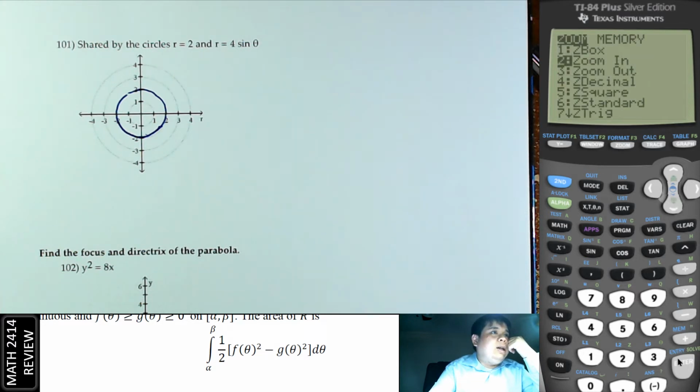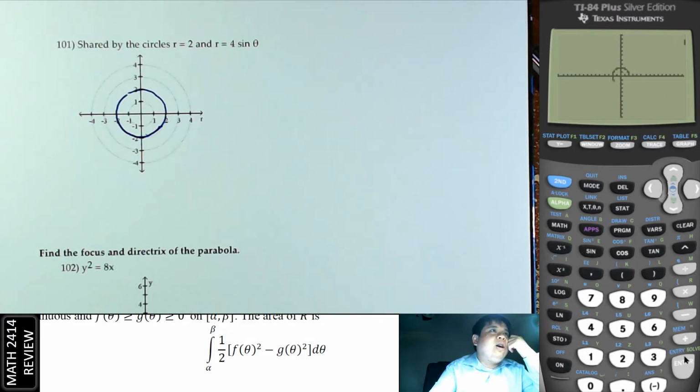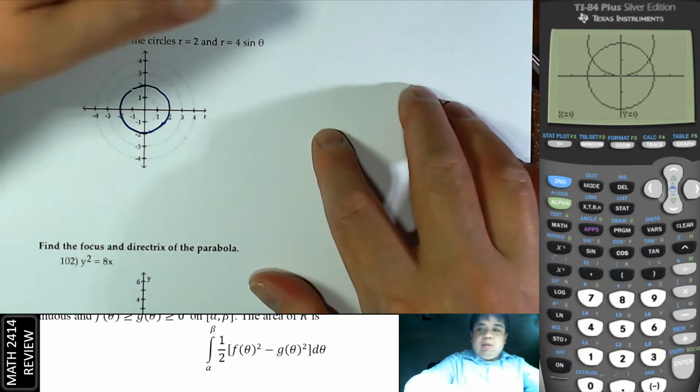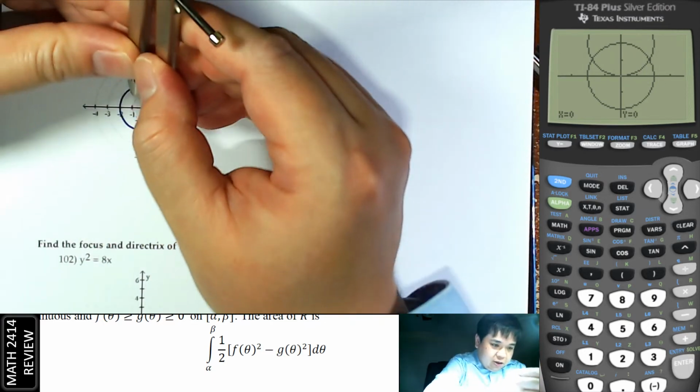Let's zoom in, but first let's make the scale look right. And then zoom in. Right, shared by the two circles, so that's actually what we have. Let me draw another circle.